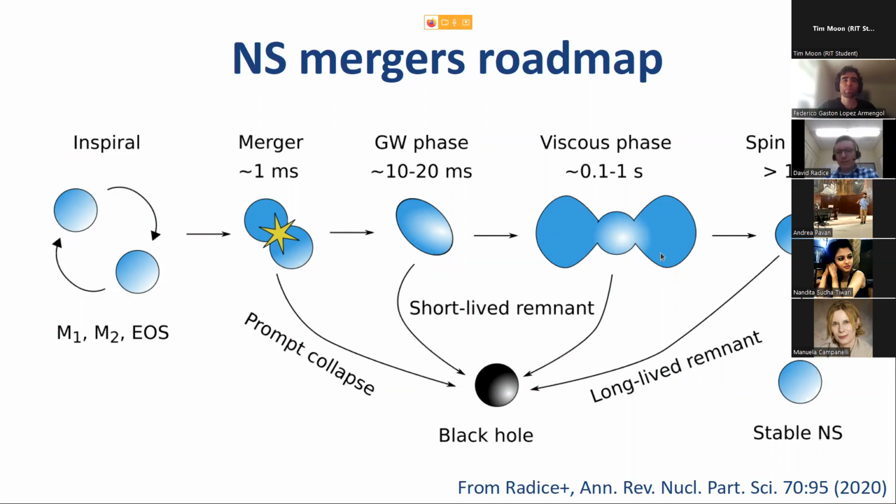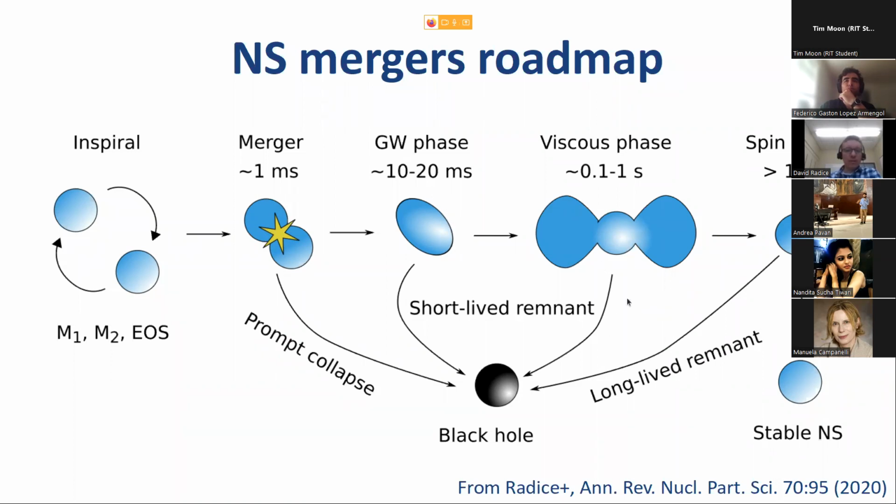I'm sure that you have seen this many times, but one thing that I want to emphasize is that as we go from inspiral to merger and post-merger, as we advance in time along this axis, we also go from phases in the evolution that are relatively well understood, in which we have under control systematic errors, or at least we know how big our errors are with precision, towards phases of the evolution that are progressively less well understood because the physics becomes more complicated and the simulations become more challenging.